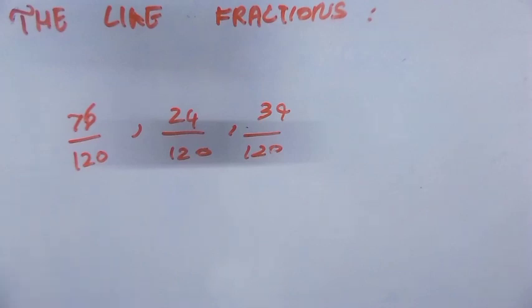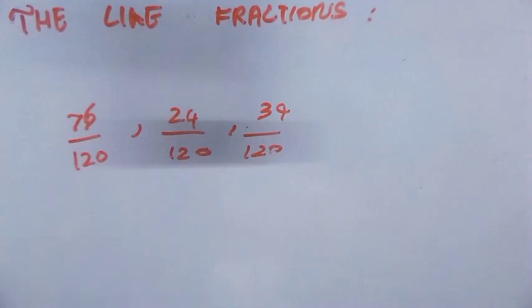So like fractions mean two or more fractions which have the same denominator. It doesn't have to be 180, it could be any number, but it has to be the same denominator in all the fractions. In that case, they become like fractions.